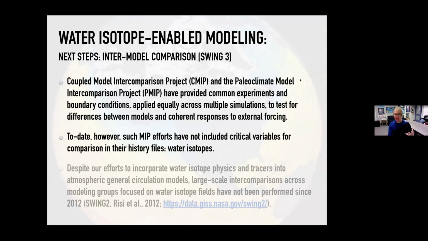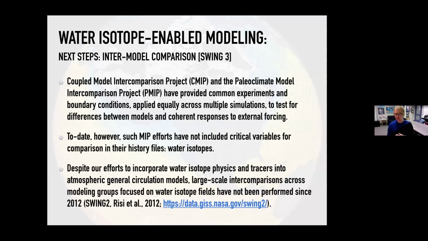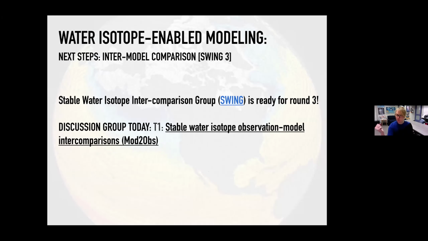And so despite all of our efforts to provide the hierarchy of water isotope enabled models and tracers, we haven't done a SWING effort, or stable water intercomparison group, since 2012. The last papers on this topic were mostly written by Camille, again, about 10 years ago. And so SWING is ready for round 3.